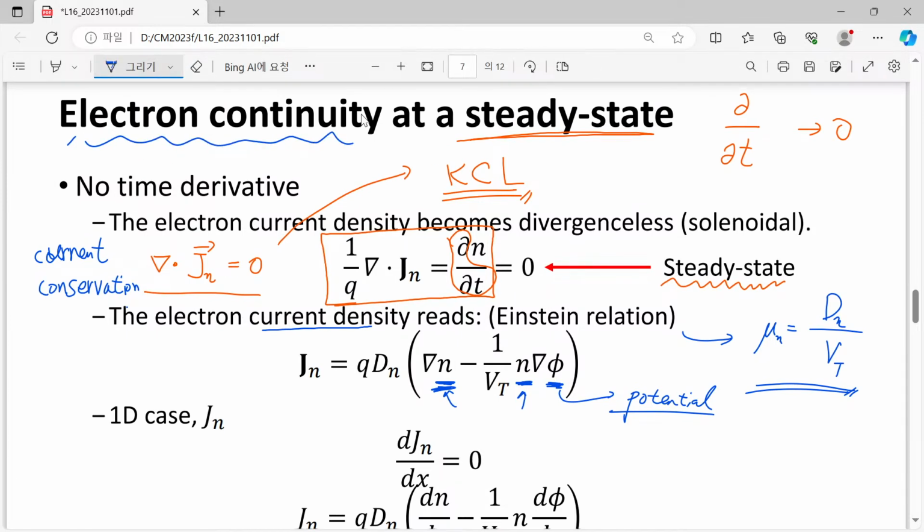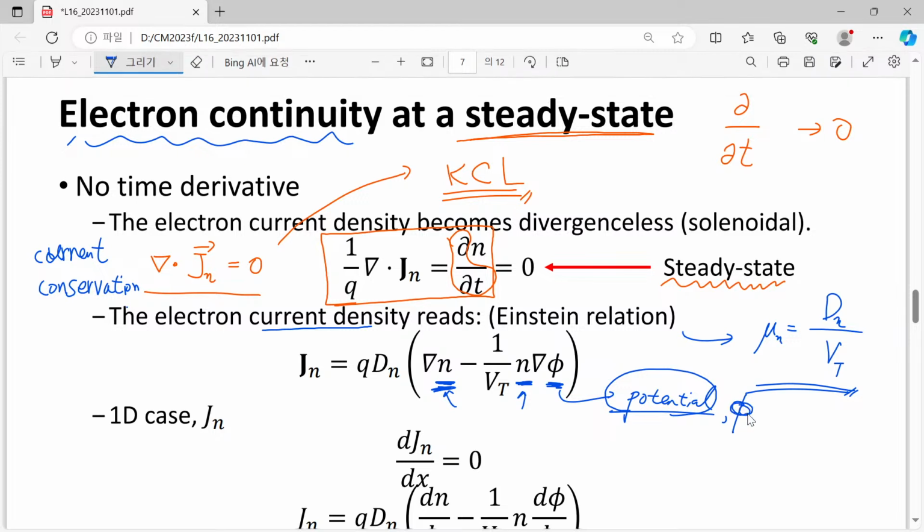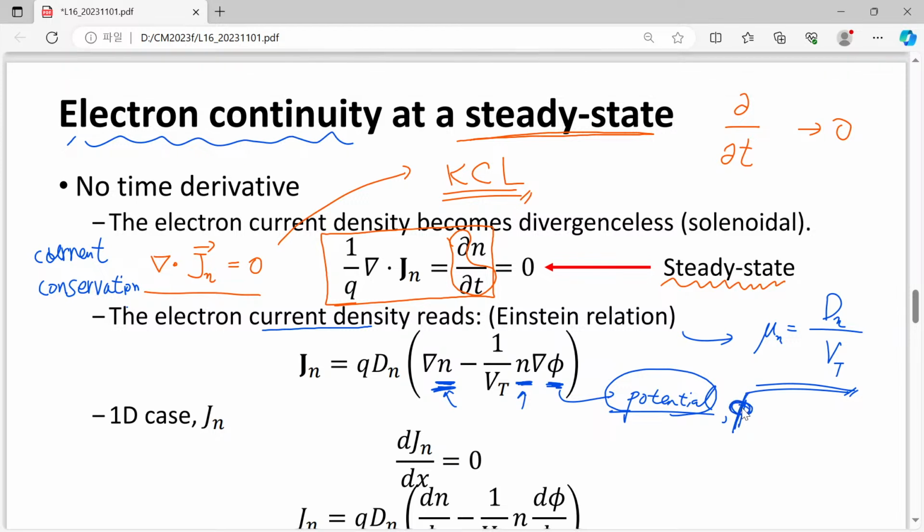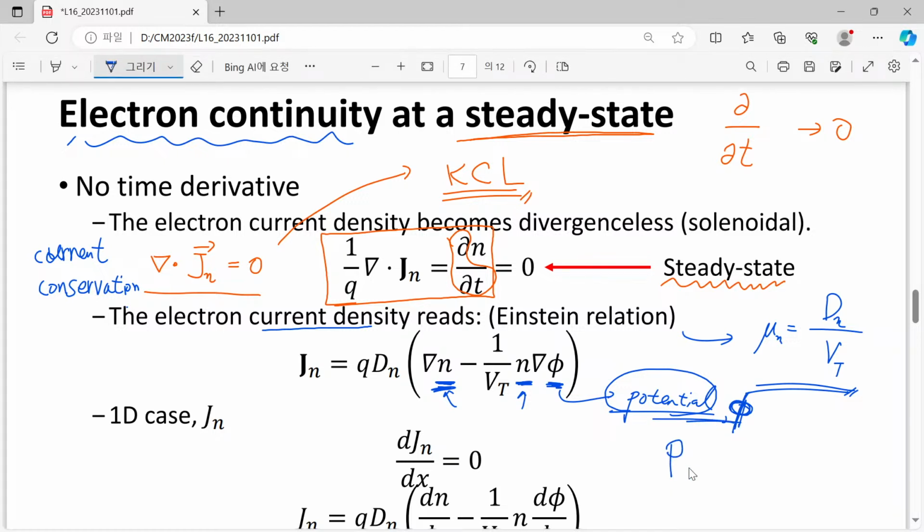Then what is the equation for electrostatic potential phi? Do you understand what I'm saying? So in the case of potential, our Poisson equation gives the information about this electrostatic potential.